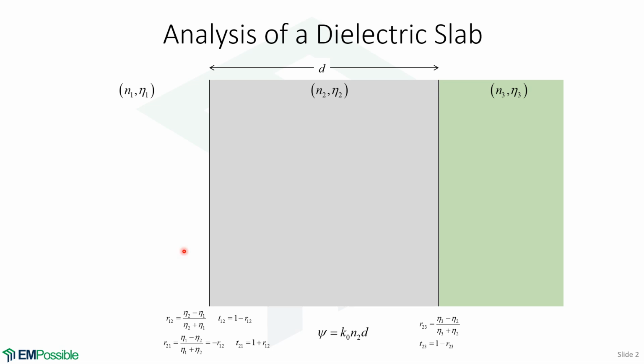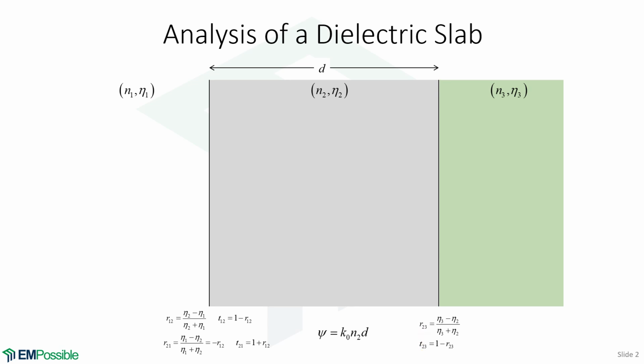Likewise, we could talk about a wave transmitting through that interface. We have a T12, and that's related to R12 through 1 minus R12. And then a wave going backwards, we have a T21, which is related to R12 as 1 plus R12. And I won't go through it, but on the other side, we have another reflection coefficient R23 and a transmission coefficient T23.